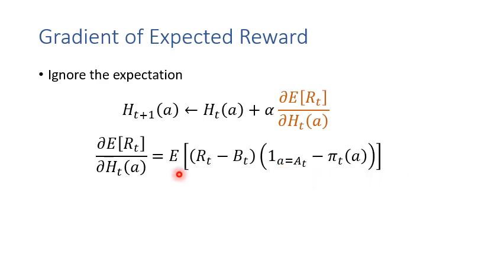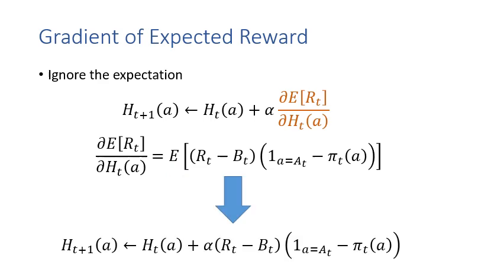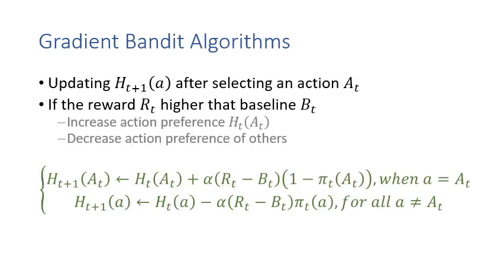But because we only care about the gradient, we can ignore the expectation and simplify our formula as the final term: the difference of the current reward with our baseline, times the indicator function minus the action probability function pi t. So this is our final formula of gradient bandit actions.